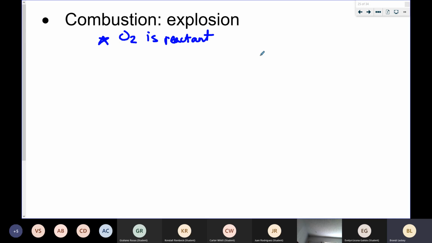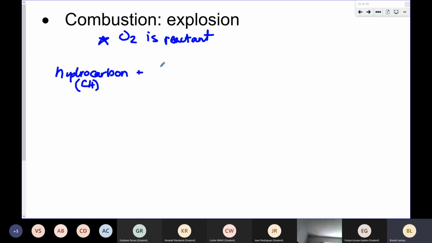But the ones that we focus on with combustion are the ones listed on your reference sheet. So these are going to be hydrocarbons. Hydrocarbons are all those organic things that have carbon and hydrogen in them. It's like CH4, C2H6, things like that.